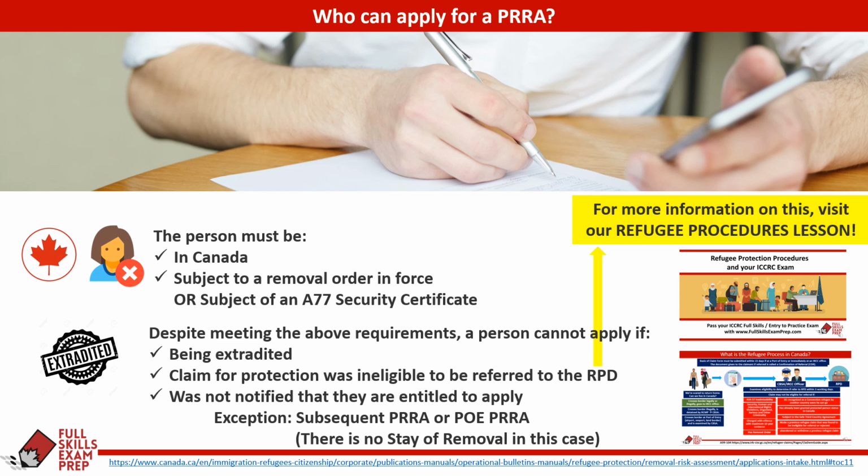This gives the instructions to them and everything like that, and then they have a certain timeline that we'll see in the next couple slides to apply for this. Okay, so there is an exception to this as well. Subsequent PRRA. So when a PRRA is rejected, they do not give a person all the information again, the application package, etc., to apply for another PRRA, and of course a port of entry PRRA.